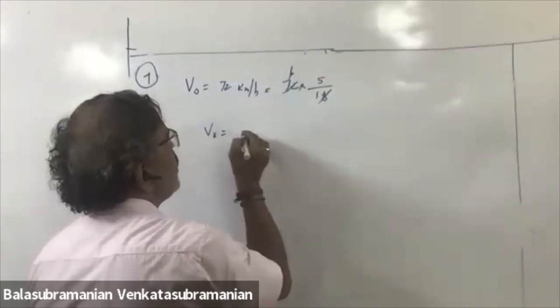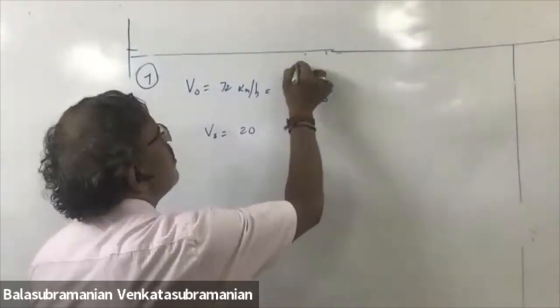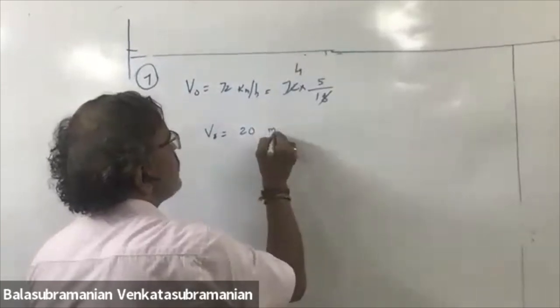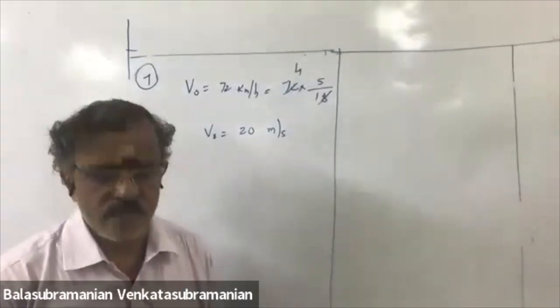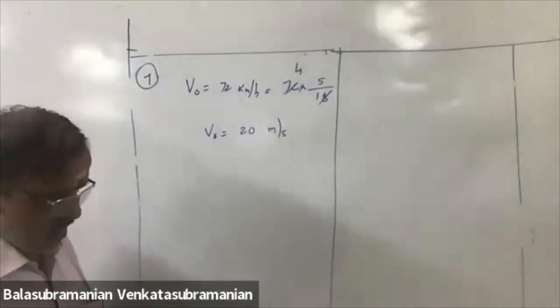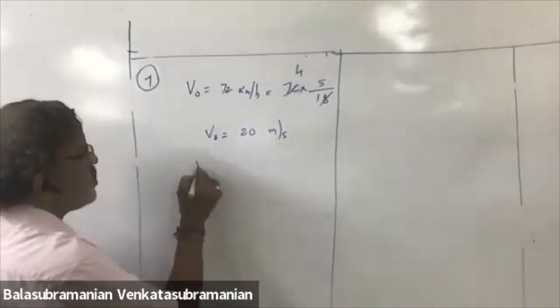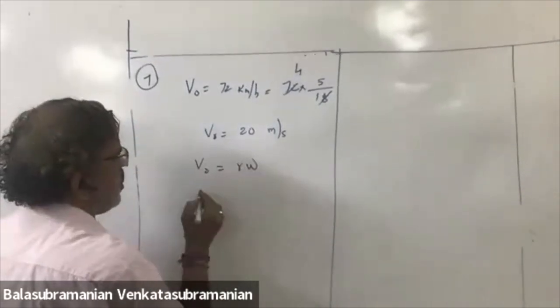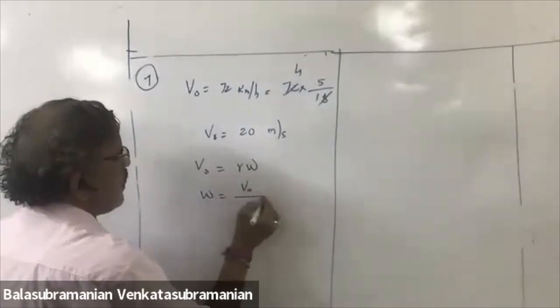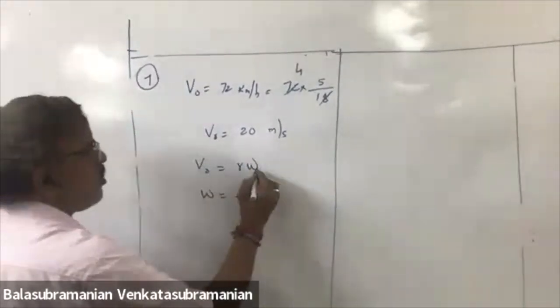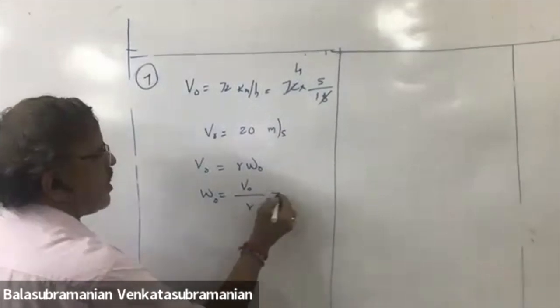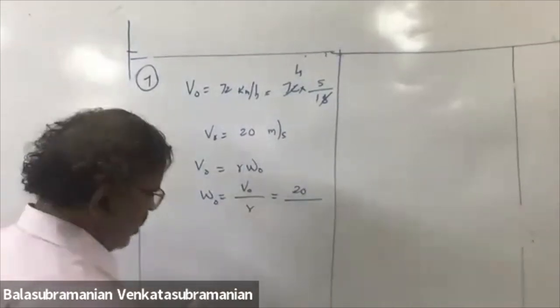So I can write V naught is 20 meters per second. Next, V is equal to R omega. So omega is equal to V by R. Basic formula. This is V naught. So omega naught is V naught by R. What is V naught? 20.